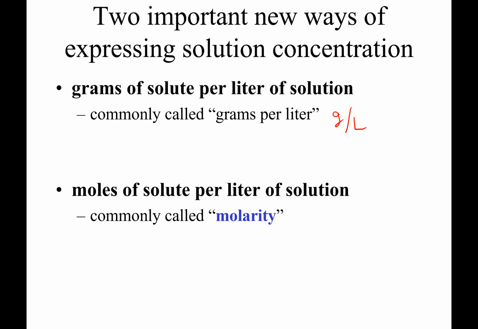And the other one I want to talk about today is molarity. You probably ran into molarity before. Molarity is the amount of moles of solute per liter of solution. So I'll put in parentheses, moles of solute per liter of solution. Okay, so it's another ratio.